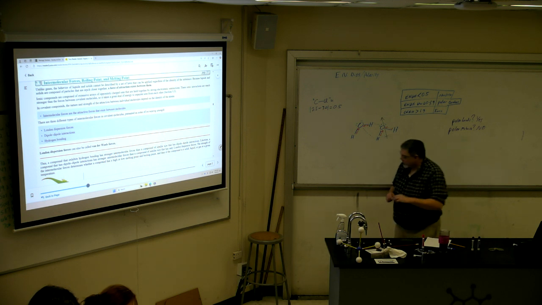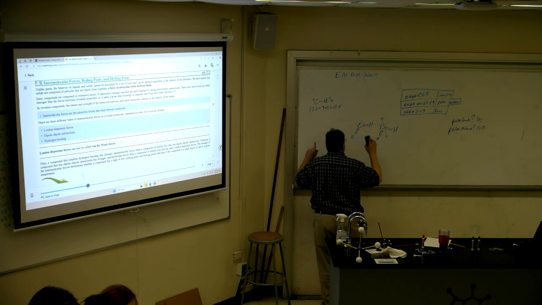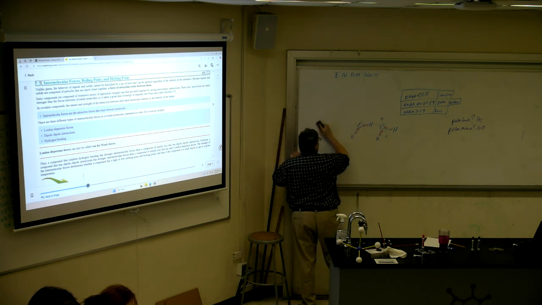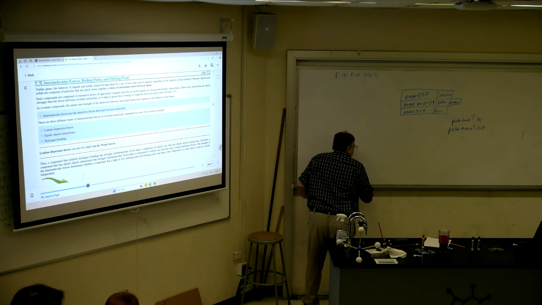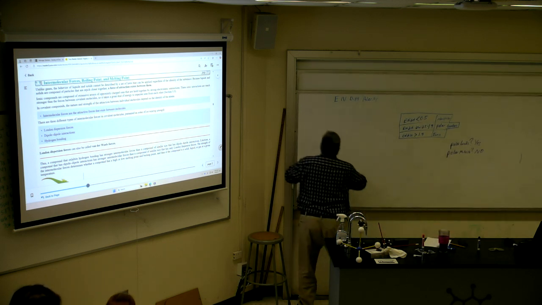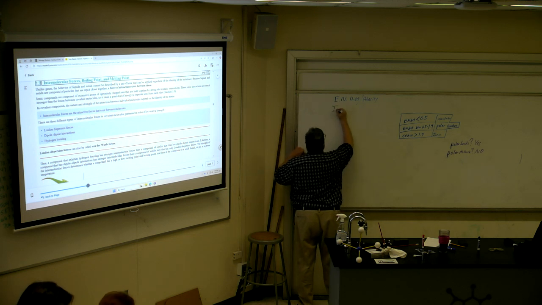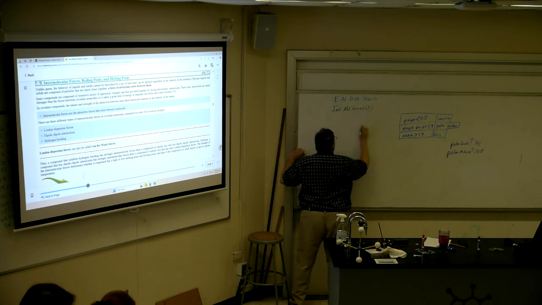So there are 3 specific intermolecular forces. 2 of them are related to polarity. There are 3 of these.